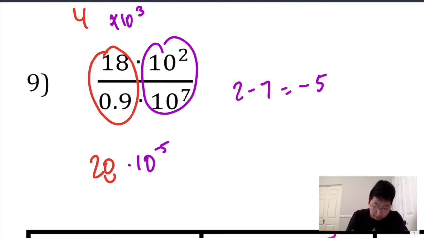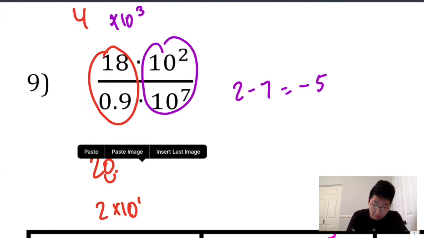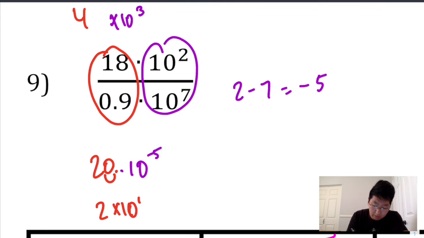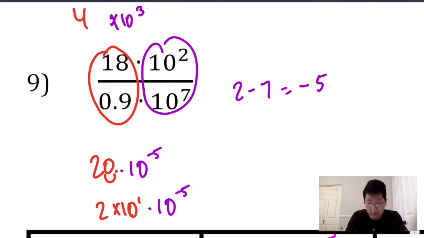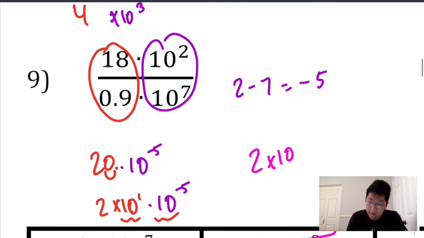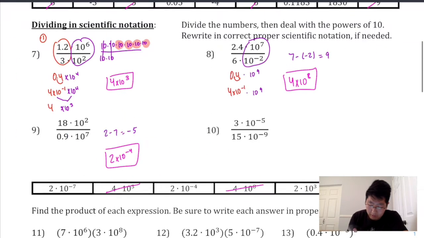And we need to move the decimal point over. So it's 2 times 10 to the 1st times 10 to the negative 5th. If we combine these two, we get a total answer of 2 times 10 to the 1 minus 5, which is negative 4. 2 times 10 to the negative 4.